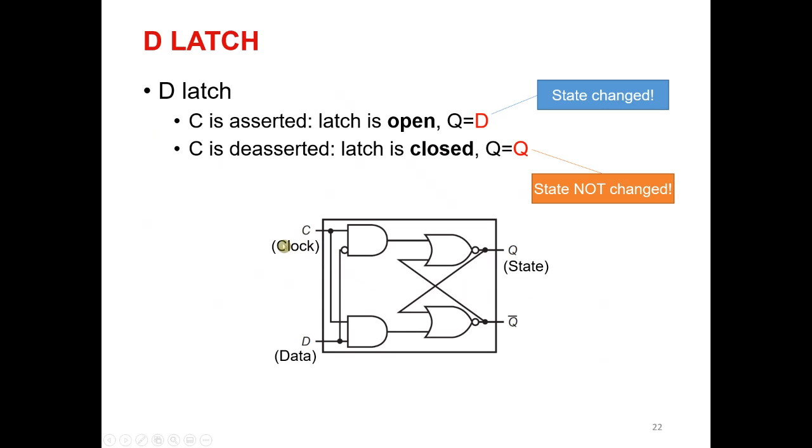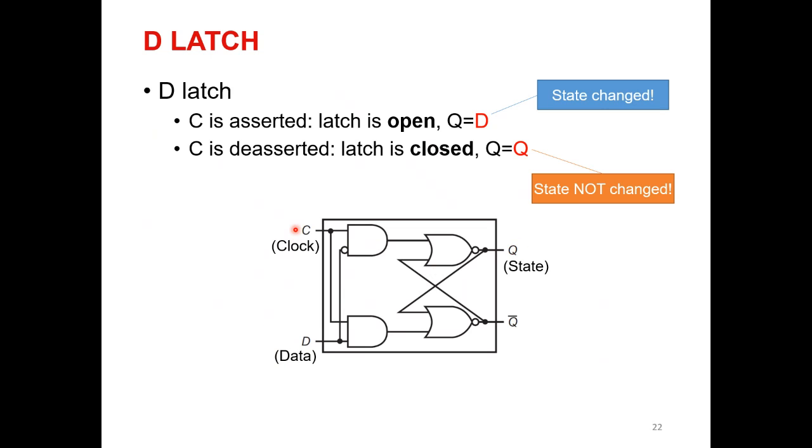So if C is 1, C is asserted, then the latch is open, which means that this D here will go to this Q here.